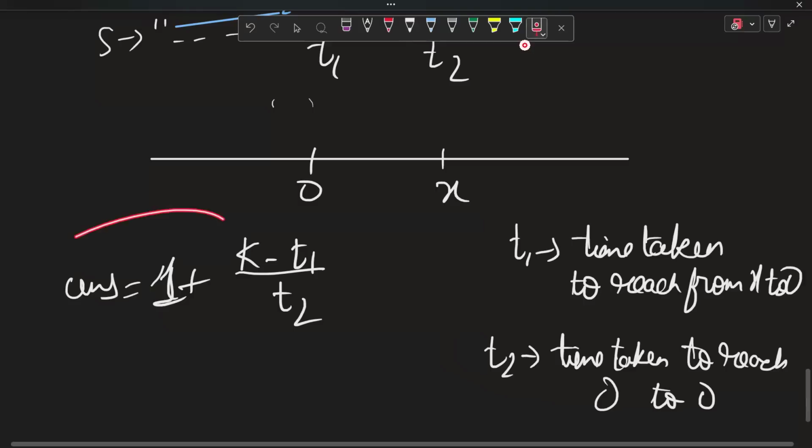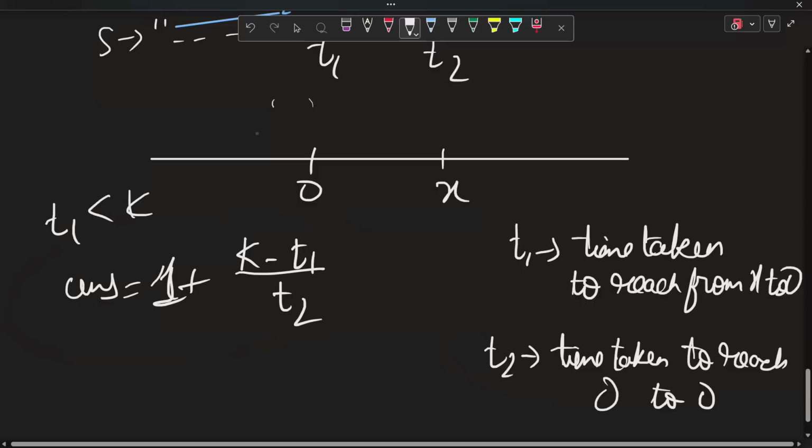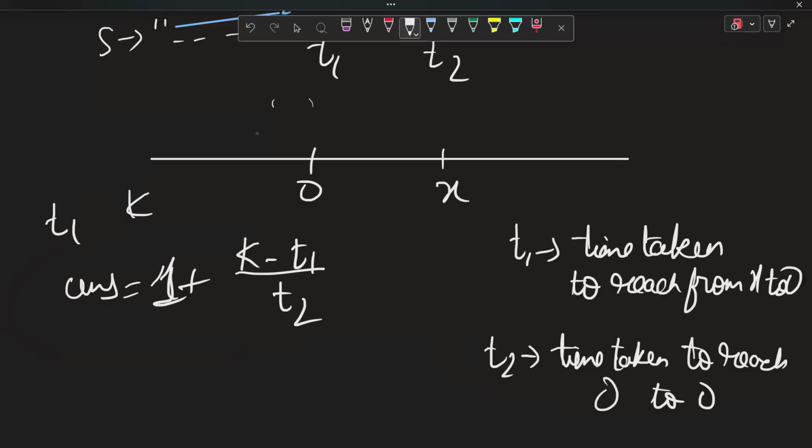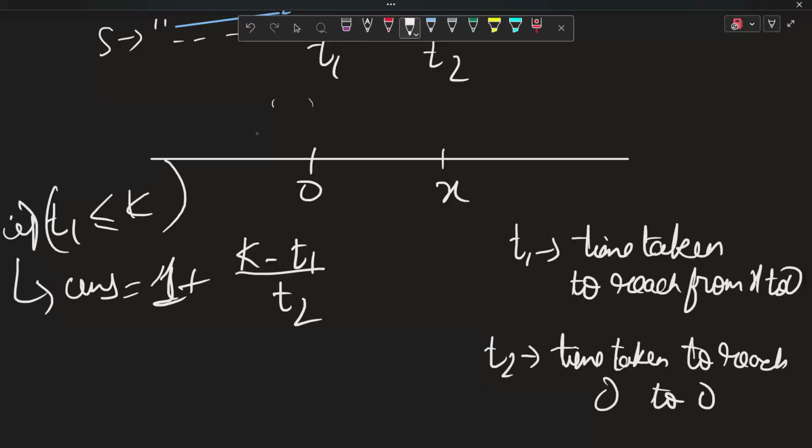1 plus this, if this t1 is less than or equal to k. So if this t1 is less than or equal to k, then your answer is this.